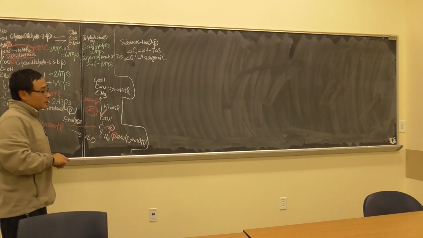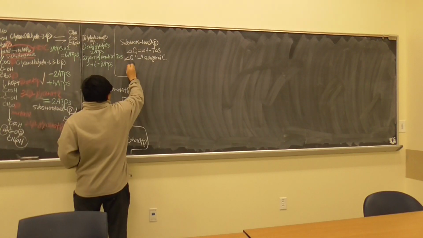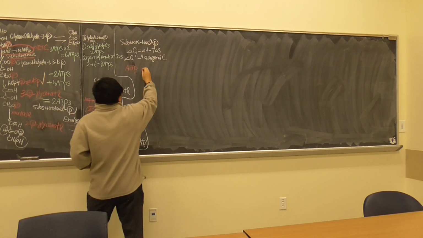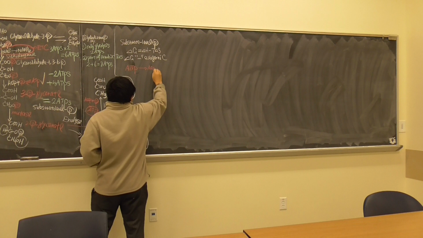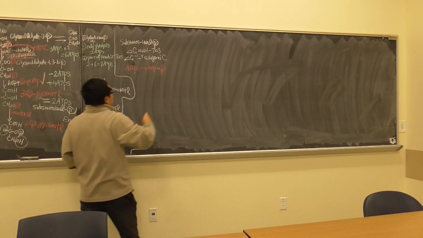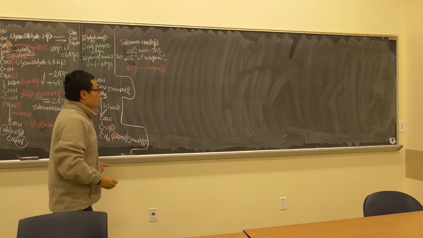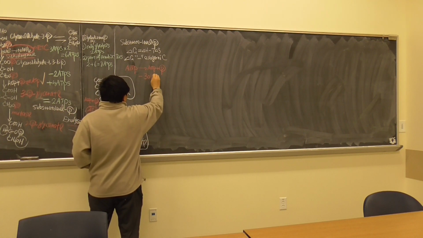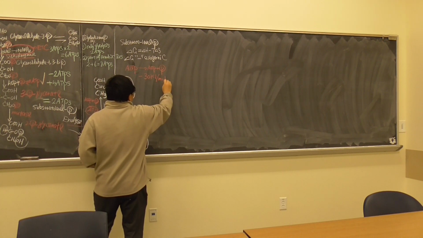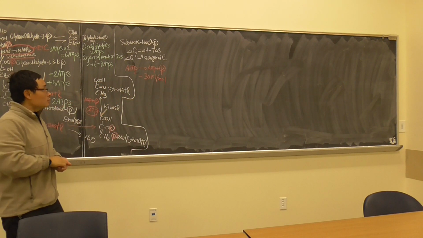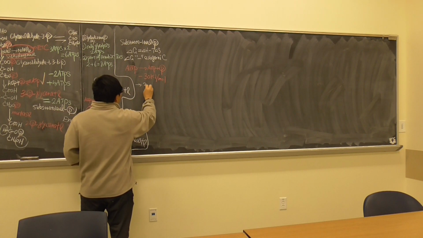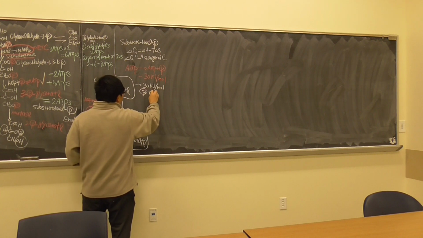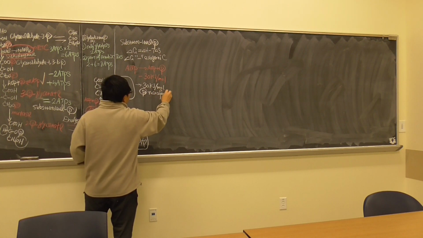Now, people can do the calculation. They find ATP becomes ADP and phosphate. They need the energy. How much energy do they need? They need minus 30 kJ per mole. And this could also be transferred as 30 kJ per mole as phosphate transfer power.